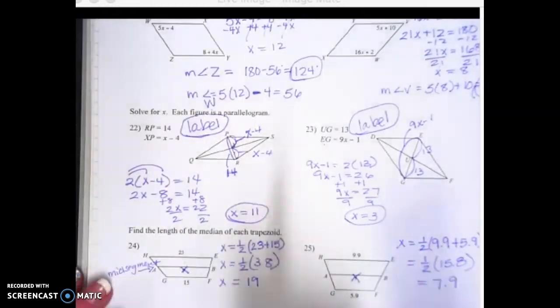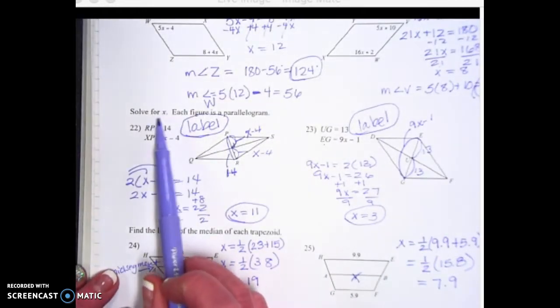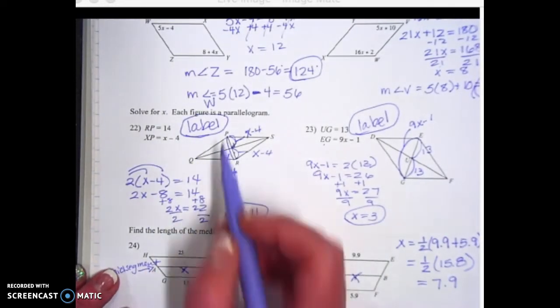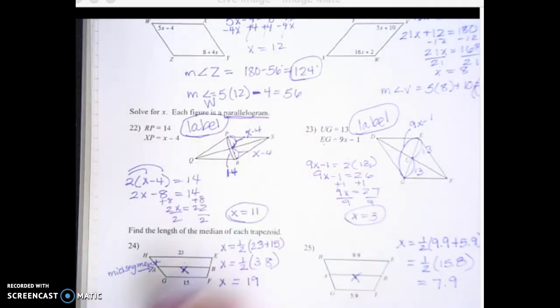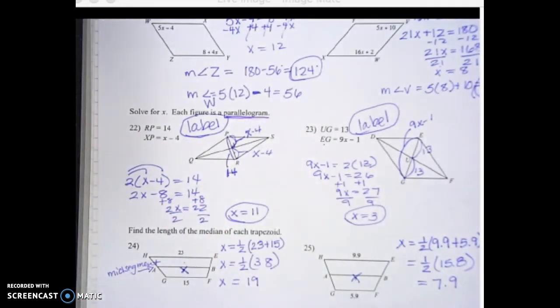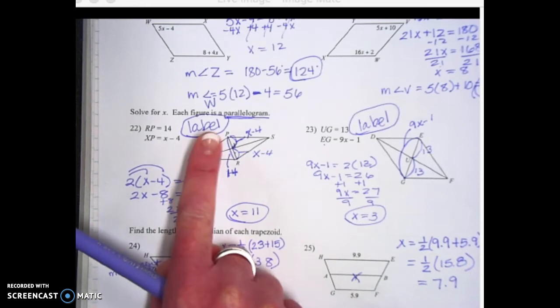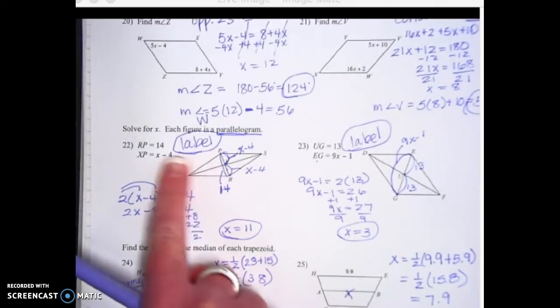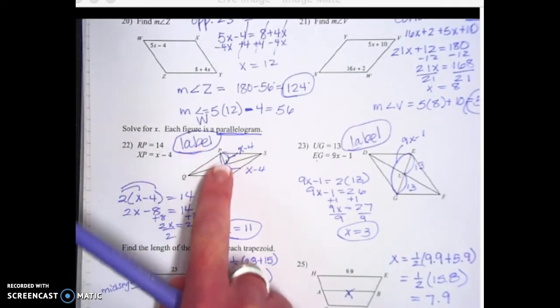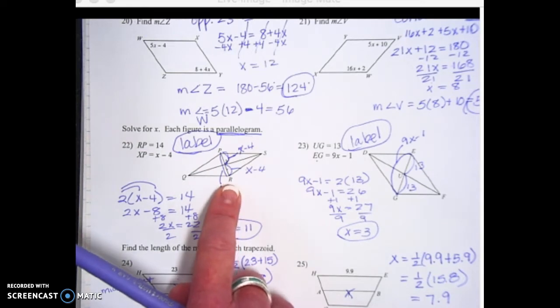Number 22. The directions say solve for x, and the key piece of information is that they're telling you it's a parallelogram. So on your chart, you have a lot of information about parallelograms, so you need to see which one they're talking about. That's why it's very important to label your information. So if RP is 14, that's the whole diagonal.